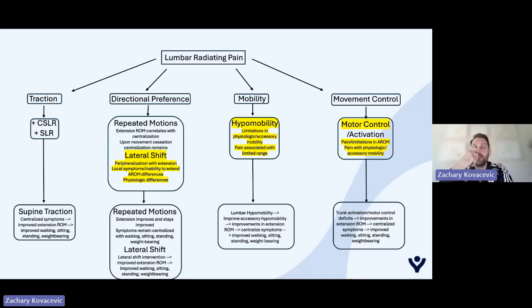And here we have an individual with a visual lateral shift present, some perceived hypomobility, and some motor control deficits of their trunk muscles. These are perceived deficits that we're anticipating from the subjective exam with our hypothesis generation, as well as our objective exam, right? So I'm setting the stage for what we're anticipating, and we'll get into how we've anticipated and how we've come to those findings and how we're going to move on in the coming slides as well.